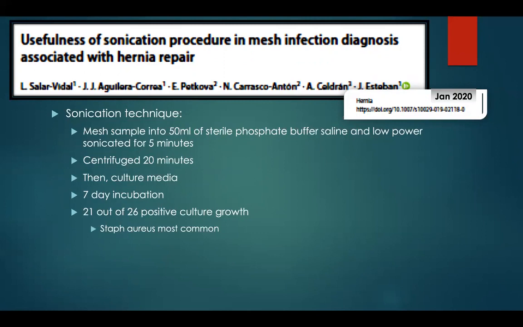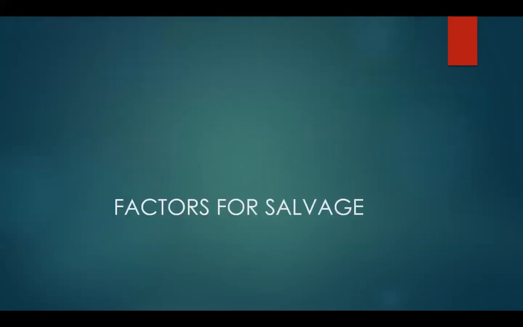And here it's suggested that you actually take a sample of the mesh, with exact processes on how to do the culture appropriately, and then the commonality of them more often than not showing a positive culture. Within this study, the number one mesh infection bacteria was Staph aureus, specifically MRSA, and number two was Candida. So it's consistent with what's seen in other literature, but yet a higher yield of positive cultures if considering this technique.